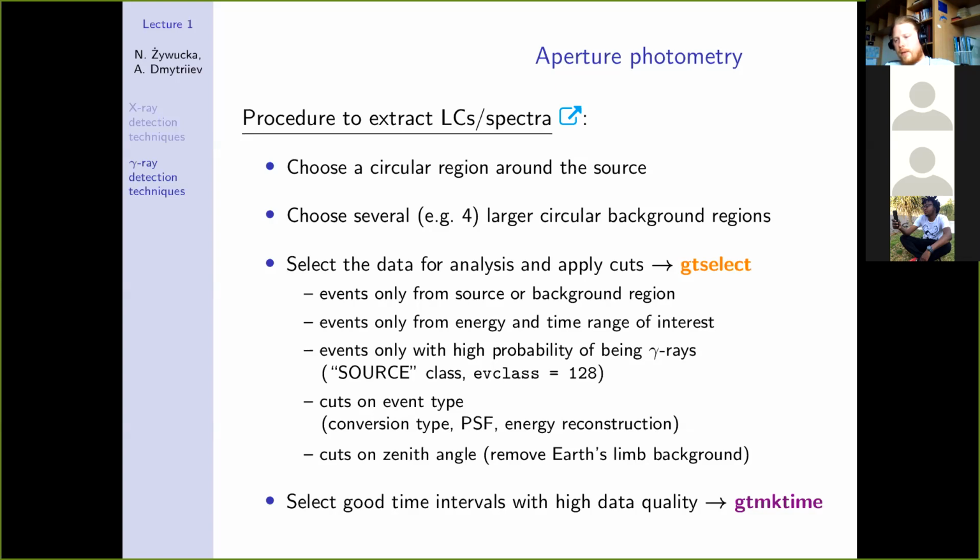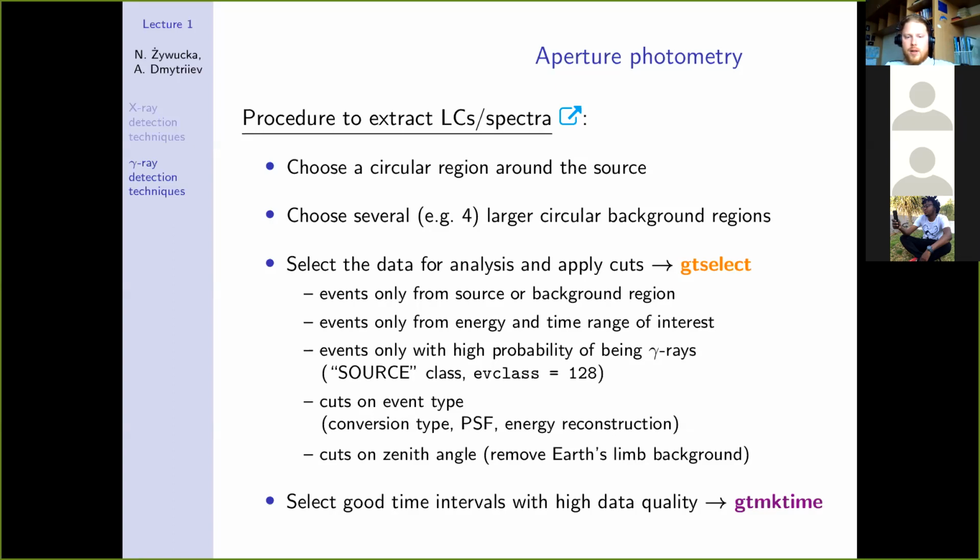If you're observing during a narrow time interval, then your source is more or less in the same position. But if you accumulate a large amount of data, then you really need to cut on the event type.